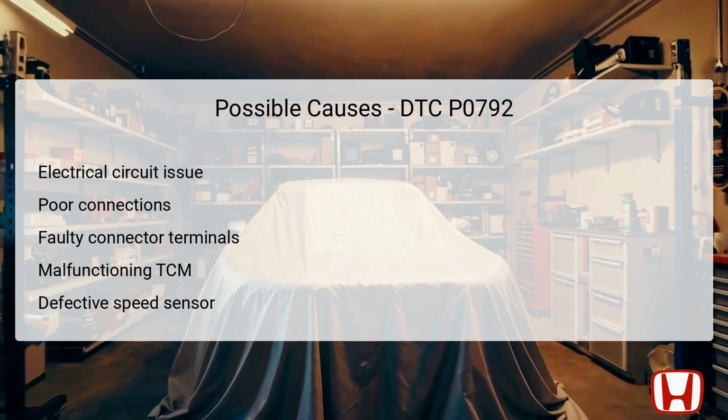A malfunctioning TCM may misinterpret the data from the sensor, causing performance issues in the CVT system. Lastly, if the speed sensor itself is defective, it simply won't provide the correct input to the TCM, leading to the trigger of the P0792 code.